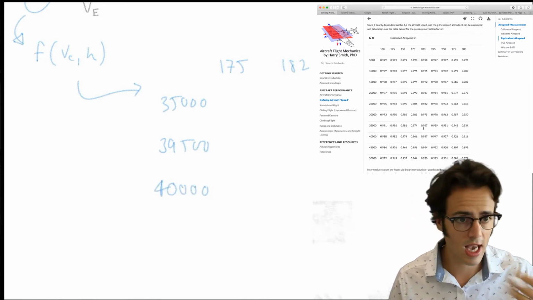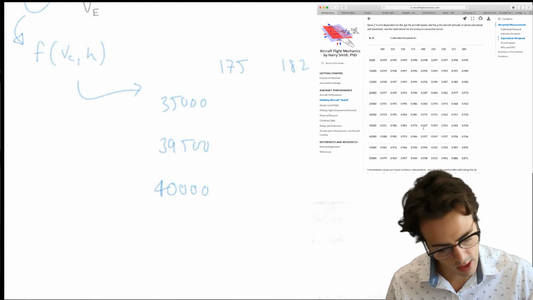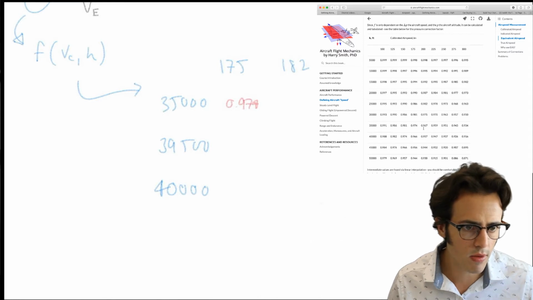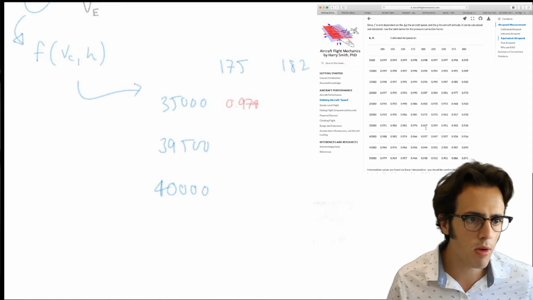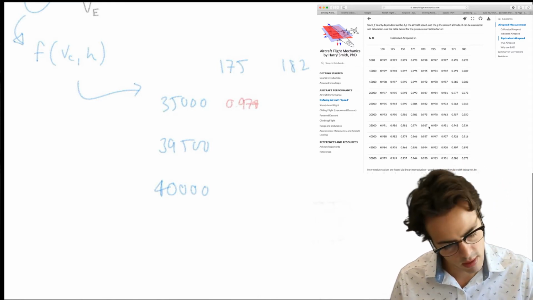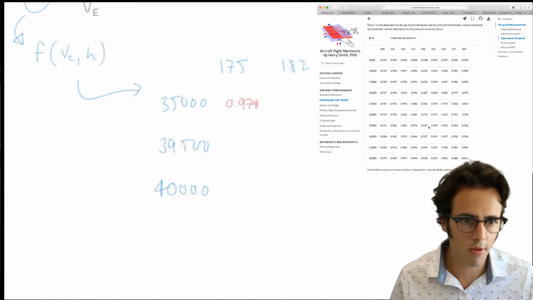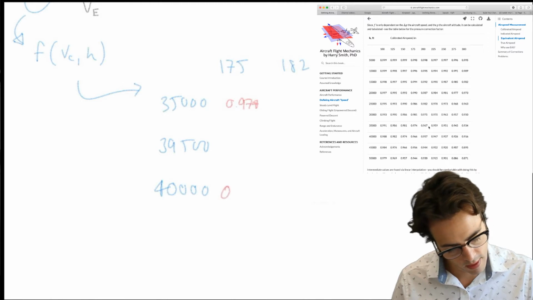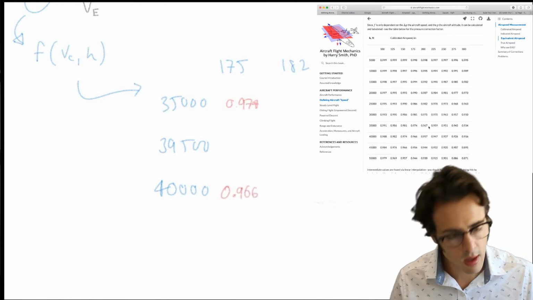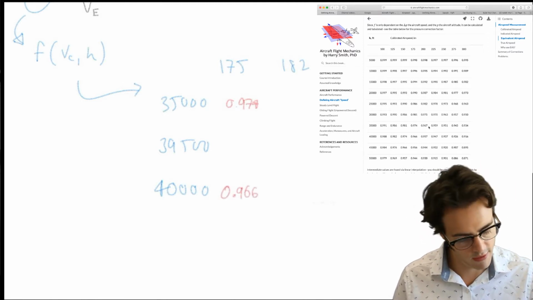So the values that we have in the table, we've got 0.974, we've got 0.967, and then on 40,000 we've got 0.966, and then we've got 0.957.